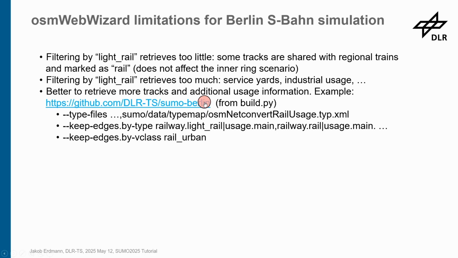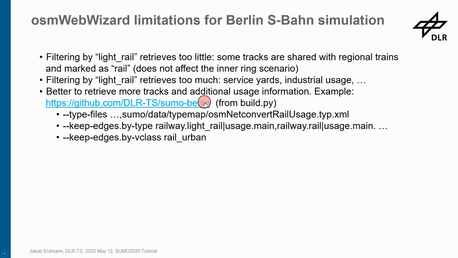That's not good. And also, if you get everything that's tagged as light rail, then you get far too much. You get all the service yards and some industrial branch lines. So you have lots of tracks that will never be used in your public transport simulation. They may look nice, all these service yards with the turntables, but they're not particularly useful most of the time.